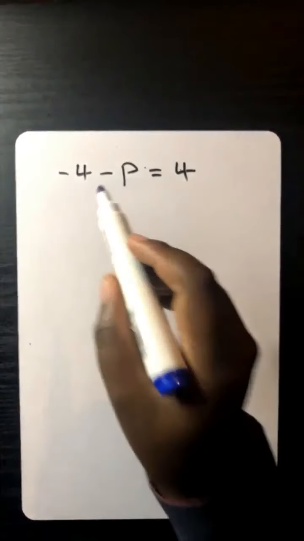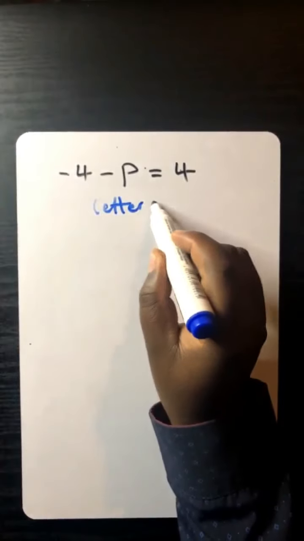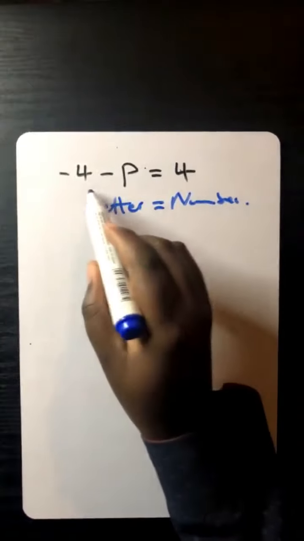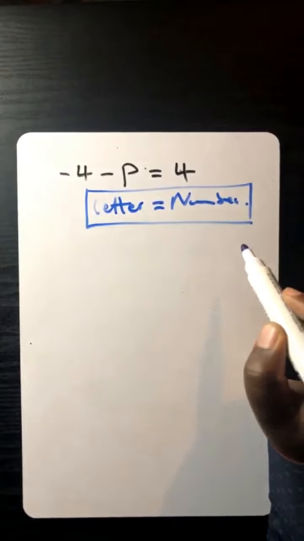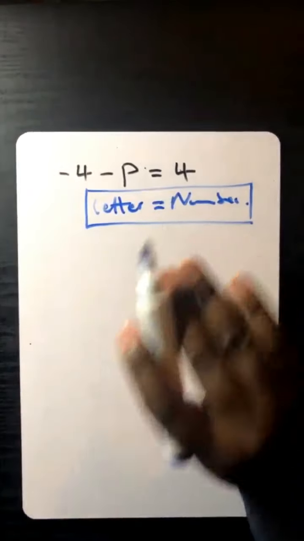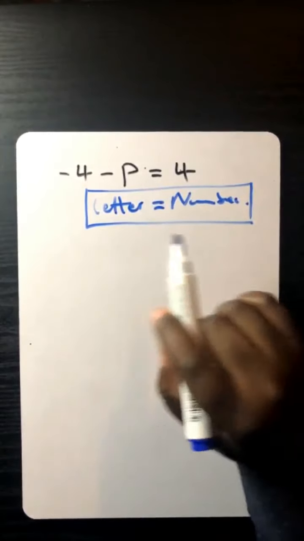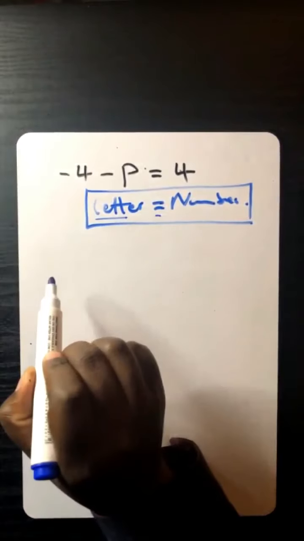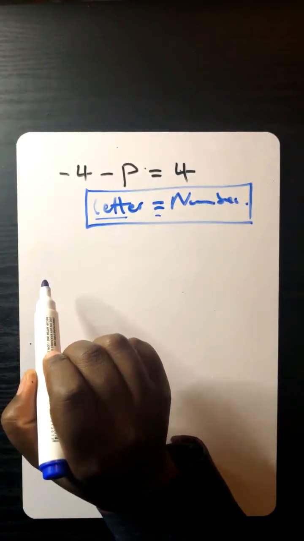So now let's solve. When we solve, guys, remember, you want to have the letters on the left side of the equal sign and have the numbers on the right side of the equal sign. So this automatically guides you in terms of how you should structure or rewrite your given problem, which means on the left side of the equal sign, we want to remain with the letter or the letters representing the values.